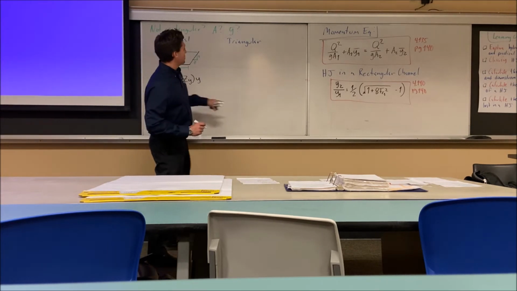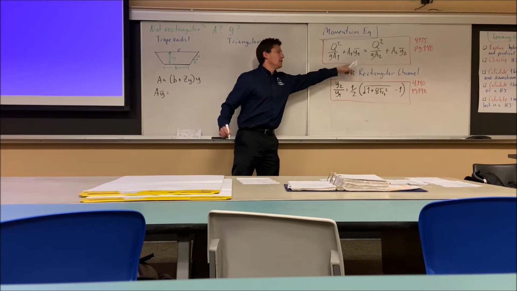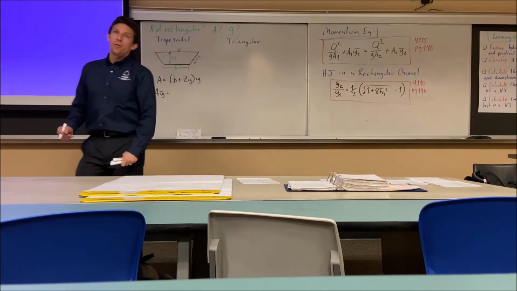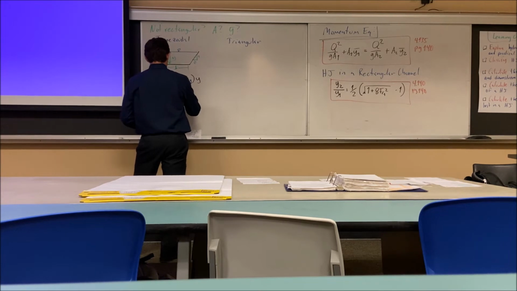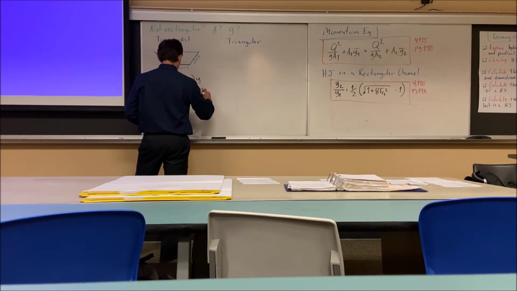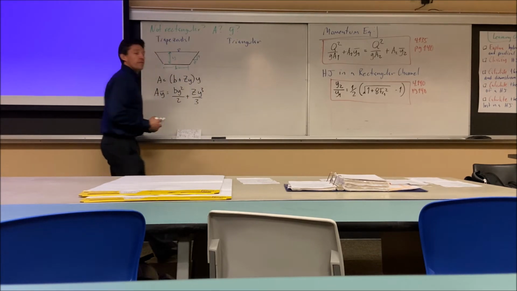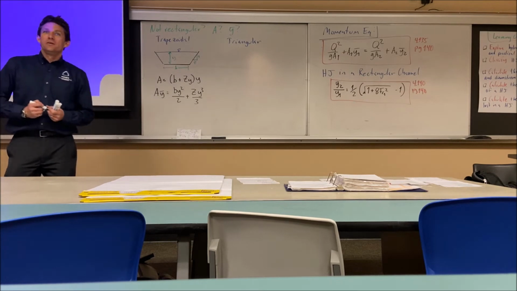So this piece usually is what you're plugging in here, and this second part is the A and the Y bar together. What that looks like is BY squared over 2 plus ZY cubed over 3. So now you're ready.